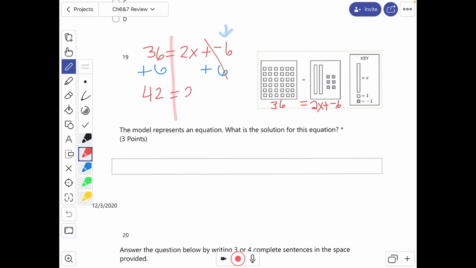These 6's cancel. Equal sign straight down, and the 2x is all that's left. And then we divide by 2 on both sides, and we get 21 equals x.